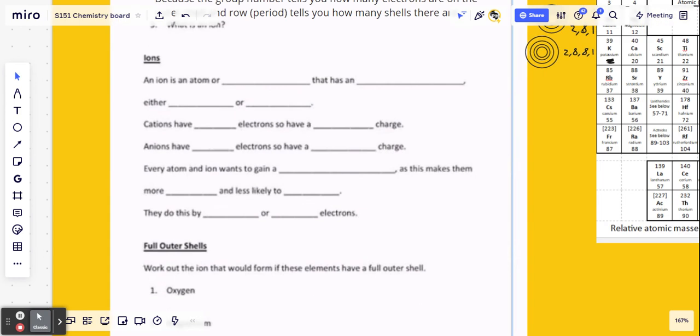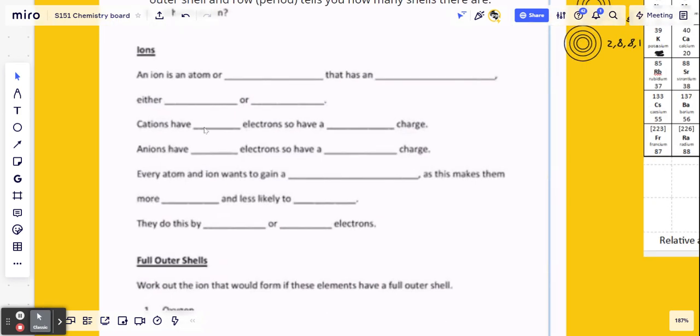Cations, I didn't teach you that word. Cations have less electrons. A cation is called a cation because it goes towards the cathode. I didn't teach you some of this terminology, did I? Sorry about that. But it goes towards the cathode, which is the negative electrode. The reason why it goes towards the negative electrode is because it's positively charged. So it's a little bit confusing because despite the fact it's got CAT at the beginning, which you normally associate with negative charge, it is in fact positively charged.